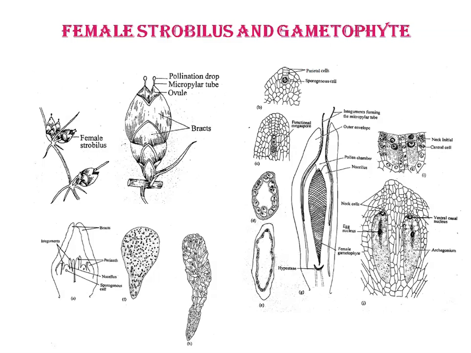So the ventral canal nucleus may then move down with the egg nucleus or may remain at the top of the egg. Just look at the structure of the archegonia. These are the neck cells of the archegonia, and this is the ventral canal nucleus at the top of the egg. This is the egg nucleus. So this is the whole structure of the archegonia.